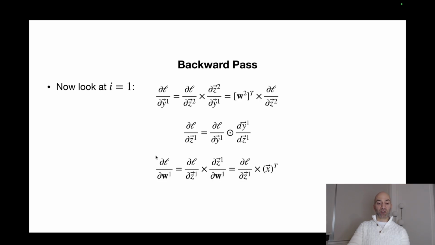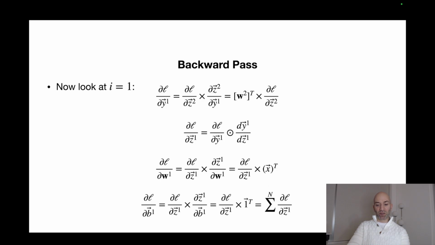We then are able to compute the derivative of the loss with respect to W1, again by using the chain rule. We can then get the derivative of the loss with respect to Z1 times the derivative of Z1 with respect to W1. The second derivative, if we look at the definition of Z, just works out to be the vector of inputs coming into the network via the input layer. So we can just simplify this derivative calculation as being this form.